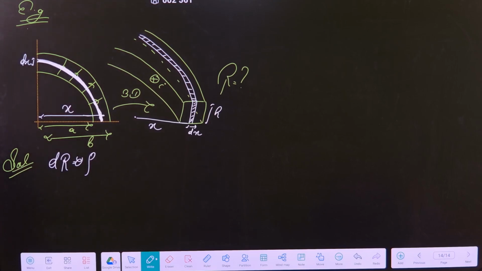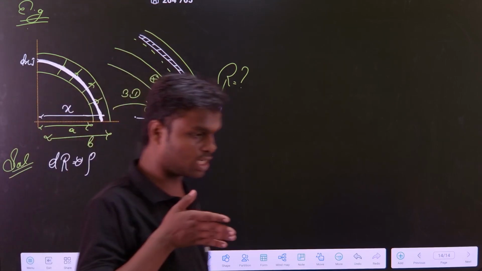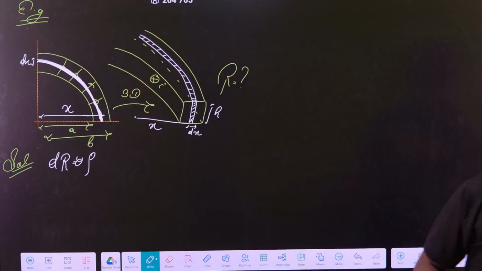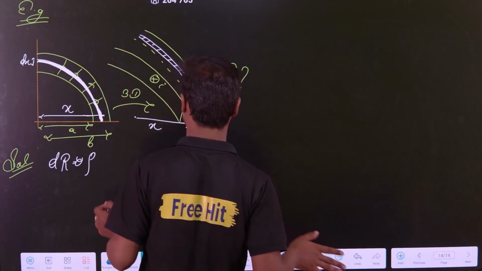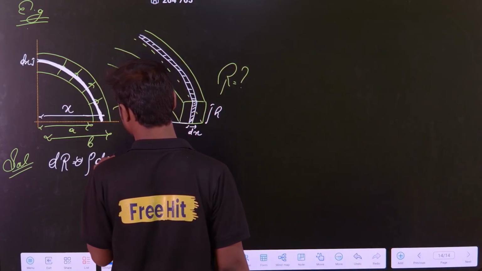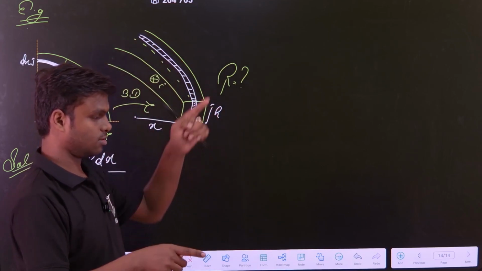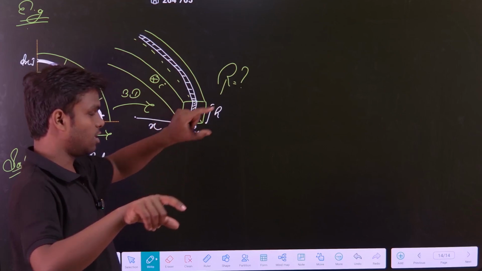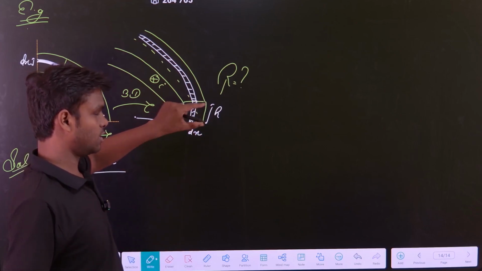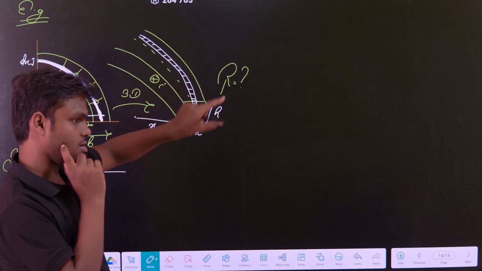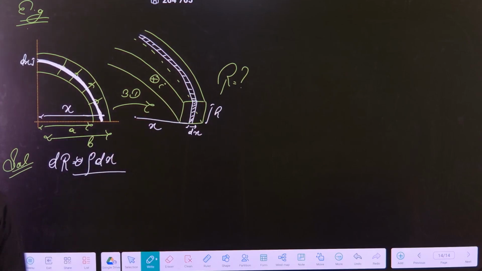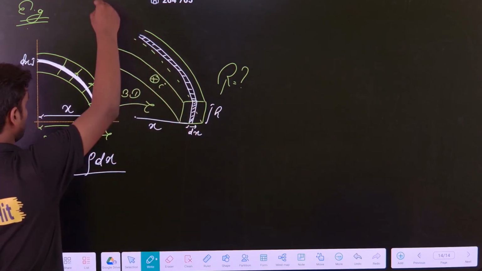Now the current is going like this, so what is the length along the direction of the current? That is dx. What is the area this current is crossing? Area is length into breadth. The height is h. So what is the length now?